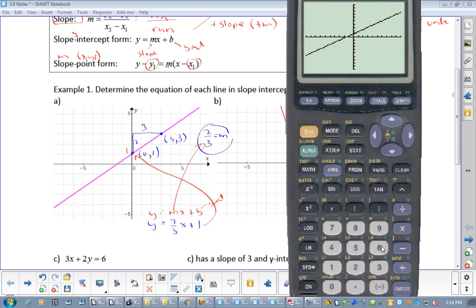Now, if I go to my window settings, if I want to make it look exactly like the original, I'm putting in my window settings. So if I want this graph to have a minimum of -6, this is like -8, right? These are called my window settings, and we're going to do a lot of work with these, but maybe this will make it look a little closer to the one we just did. But there's my verification.